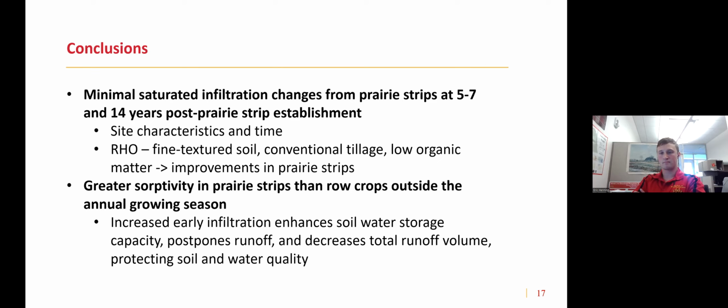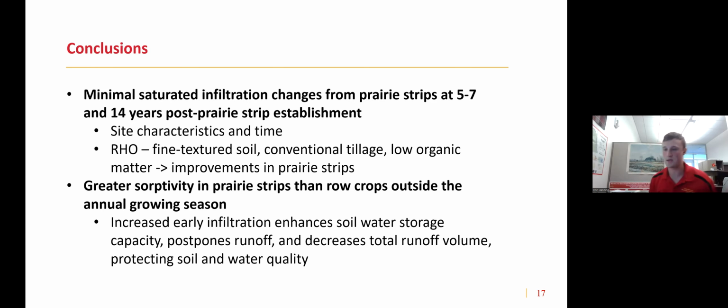Somebody asked how long the prairie strips were established before the research started, and I think you kind of talked about that. How might your results compare to contour strips with alfalfa or wheat?